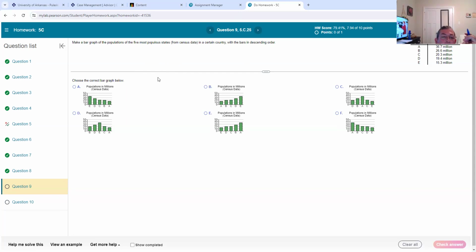Descending order means they start with the biggest bar and they go downhill to the right. If they start with the small bars and go uphill to the right, we call that ascending. But descending will start with the bars on the left and go down to the right.